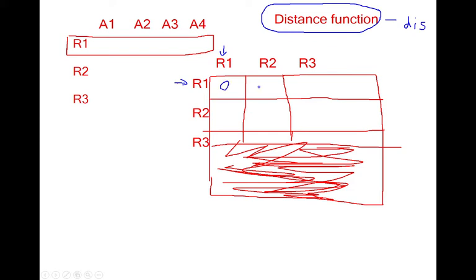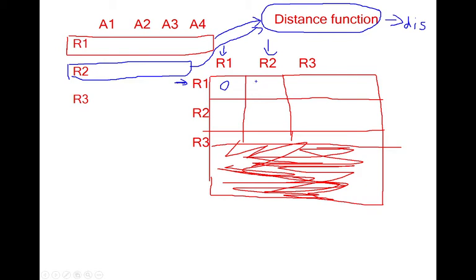Now for the next cell, what will we do? We will give it r1 and then we will give it r2, like this record. And now these are two different records which will go to this distance function, and this distance function will compute similarity or dissimilarity between these two records, and it will give us a numeric value, and that numeric value we will place here.